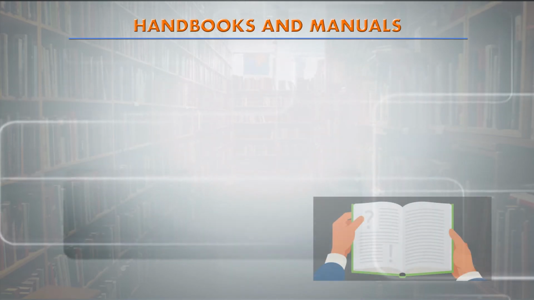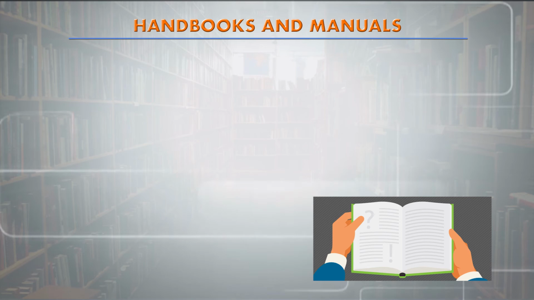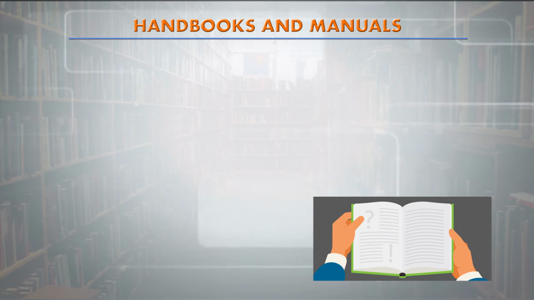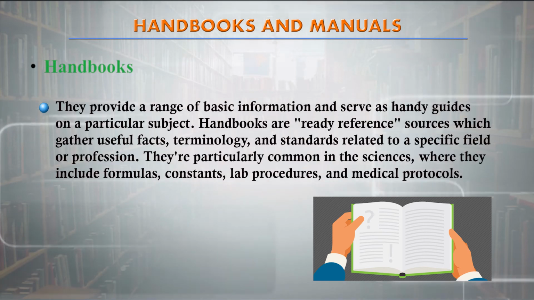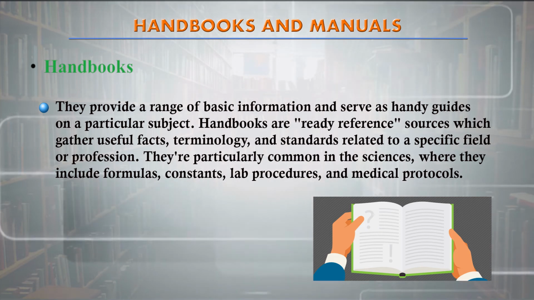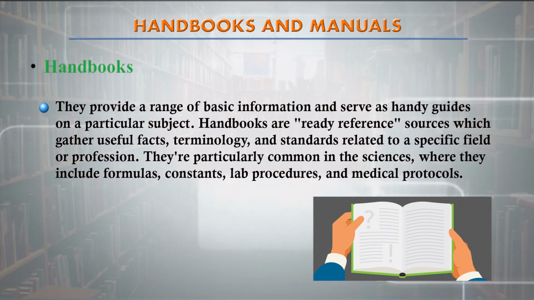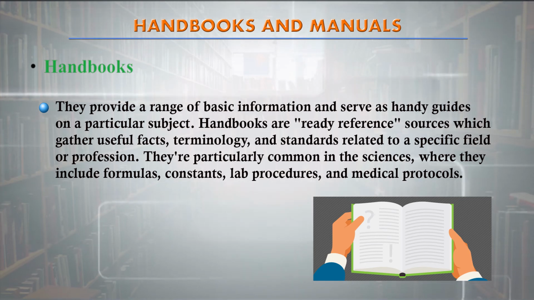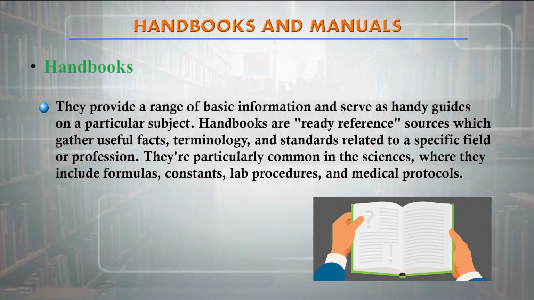Then come handbooks and manuals. They are also very important ready reference sources. Handbooks provide a range of basic information and serve as handy guides on a particular subject. Handbooks are ready reference sources which gather useful facts, terminology and standards related to a specific field or profession.